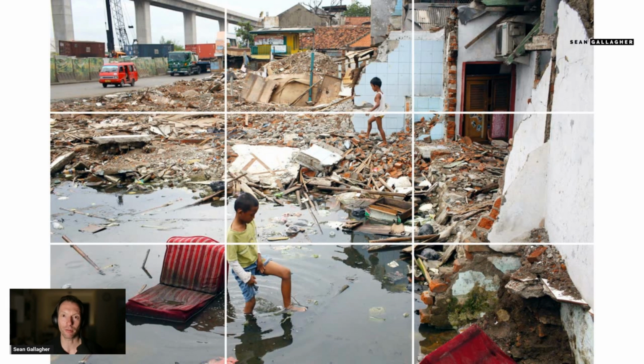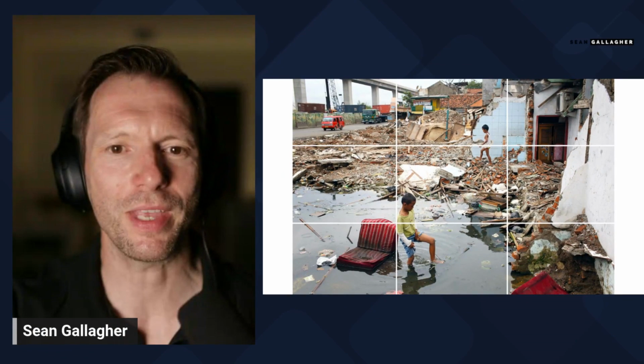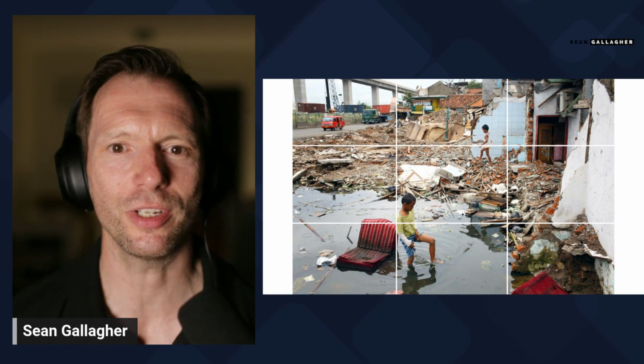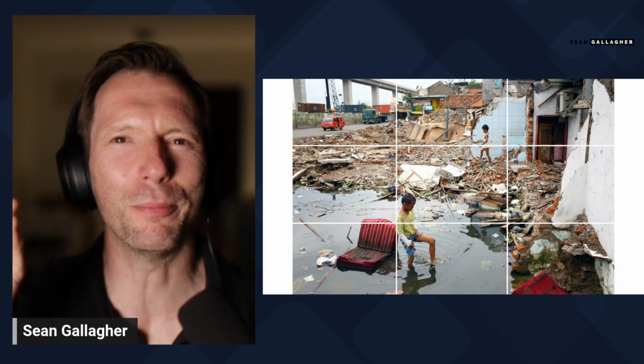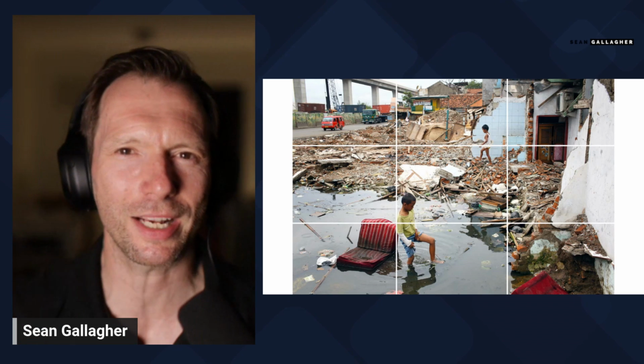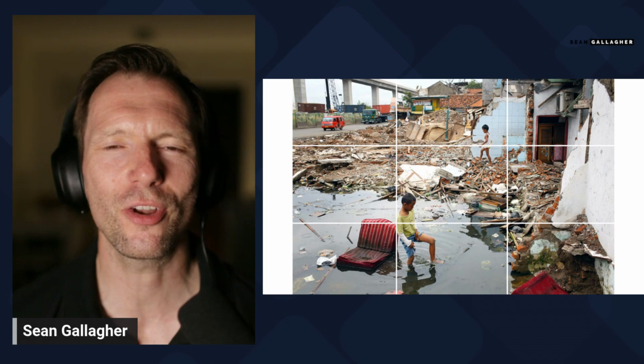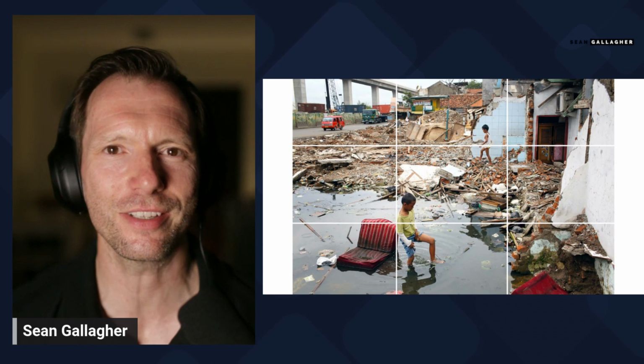Now, it takes a lot of luck for that type of situation to happen. And sometimes it's very rare for this type of situation to happen. But if you get it, it can lead to a really interesting situation. Now, if you look at the boy in the background, I didn't get him exactly on the crosshairs. And that's fine because composition is not always an exact science.